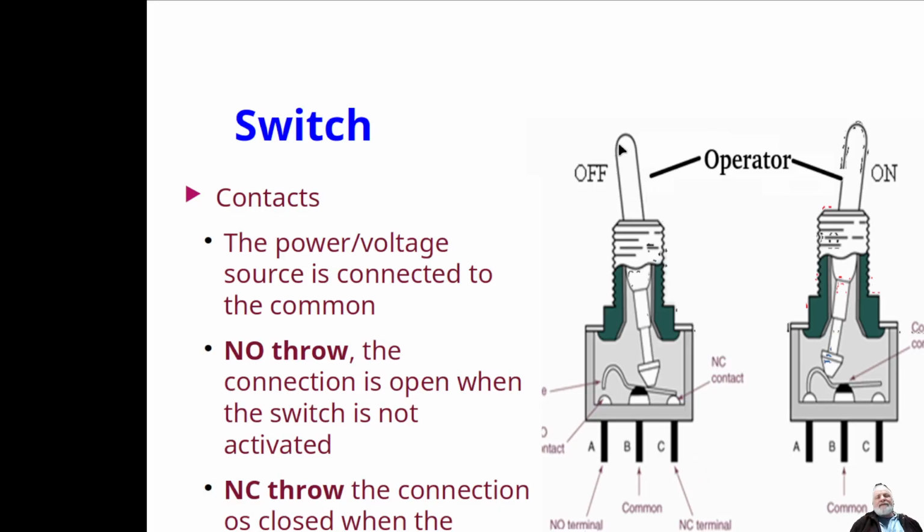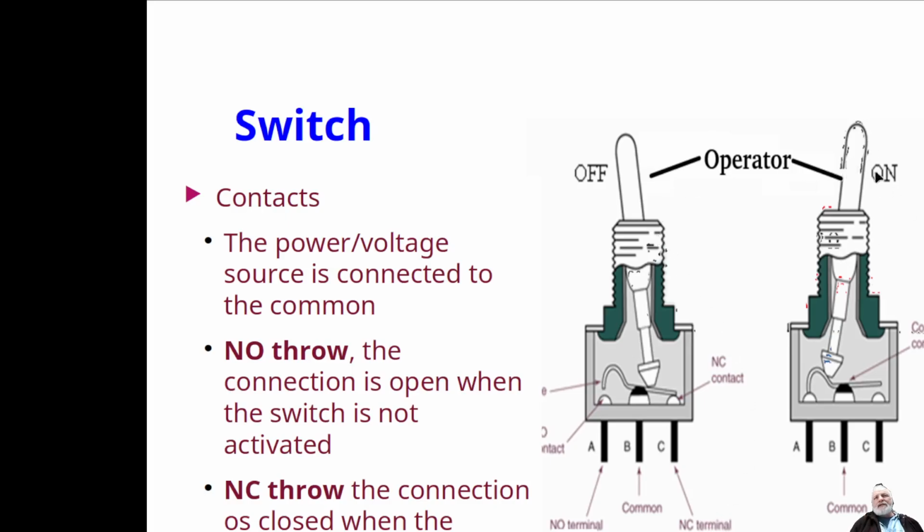So here the switch has an off position. In the off position, it's actually making contact with the normally closed contact. So if you apply a voltage to the common, that voltage is now connected to the normally closed terminal. So when the switch is in the off position, you can have current flow to anything connected to this normally closed connection.